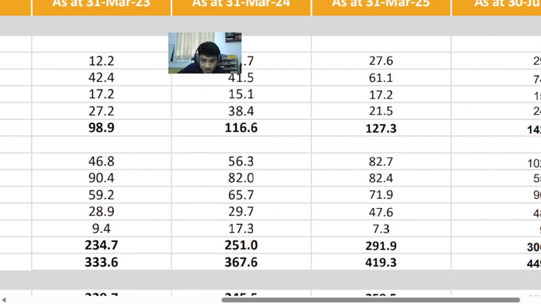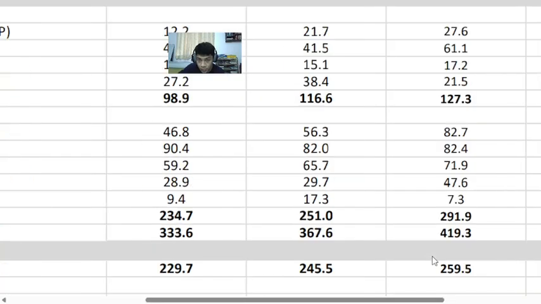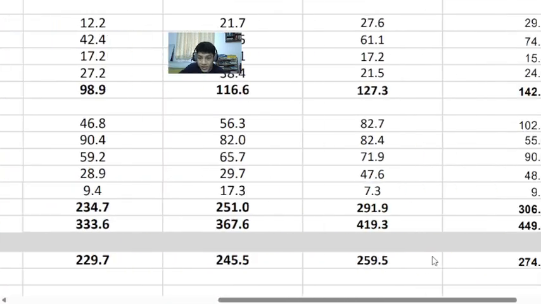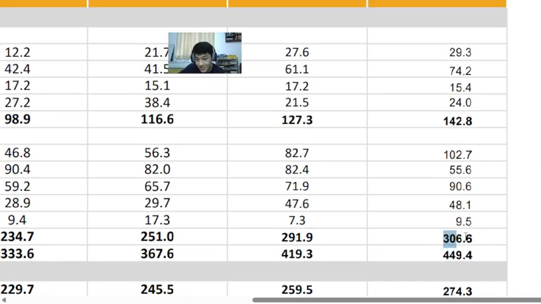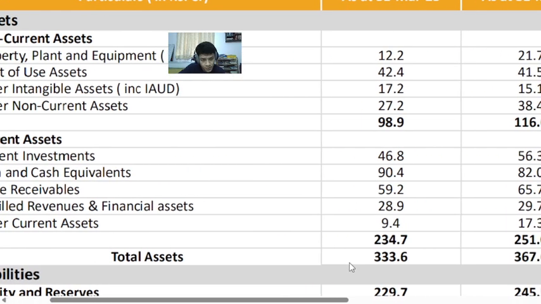So current assets seem to be as of June 30th, fiscal year 2026, 306.6. What are these numbers in though? Crores. So 306 crores worth of current assets. Okay.